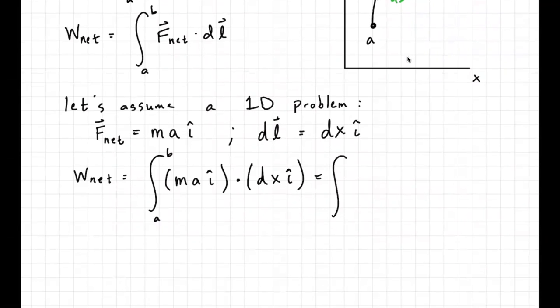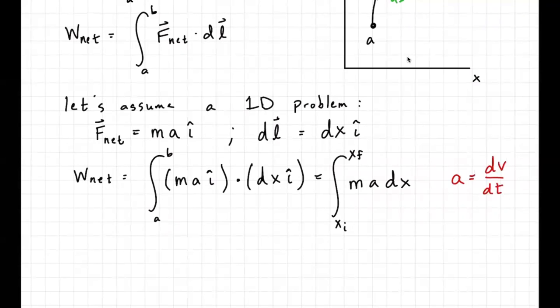I guess it's really an x integral, so I'm really integrating from an initial x position to a final x position. And I get m a dx. All right, here's another thing to remember: a is equal to dv dt.